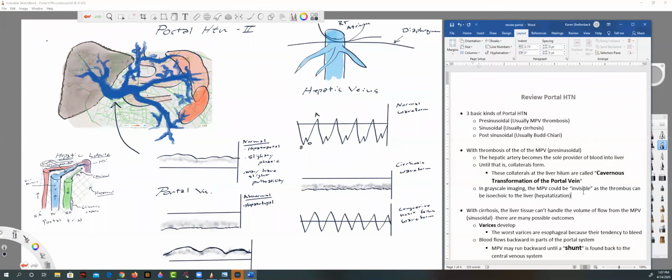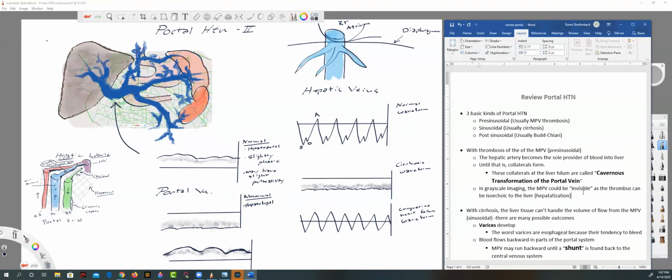That will cause an increase in size of the portal, the splenic vein, the superior mesenteric vein. Those can increase in size with cavernous transformation because the blood flow is not as easy as it should be, if there is blood flow at all. Okay, let me move on.